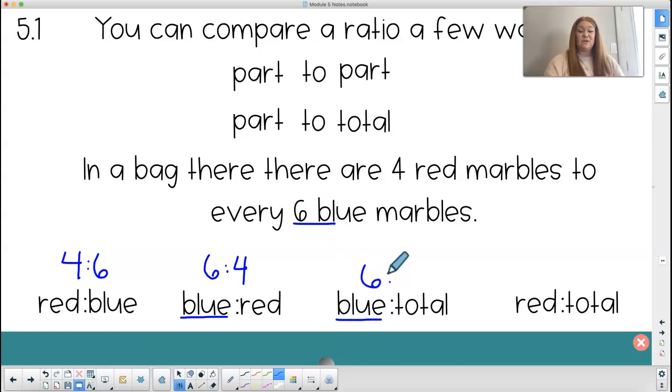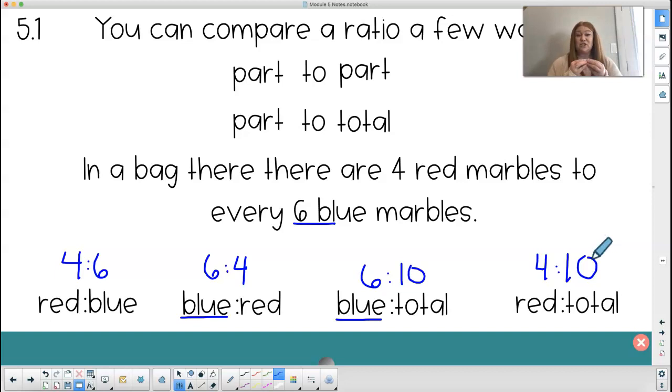And then it asks for the total number of marbles, which is 6 plus 4 is 10. Then this next one asks for the ratio of red, which is 4, compared to the total, which is 10. So 4 to 10.